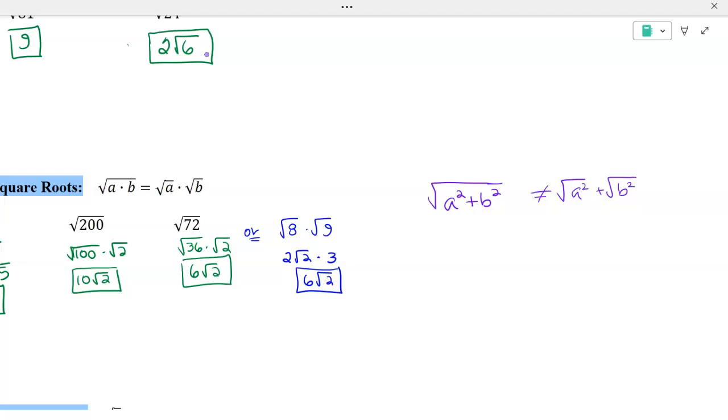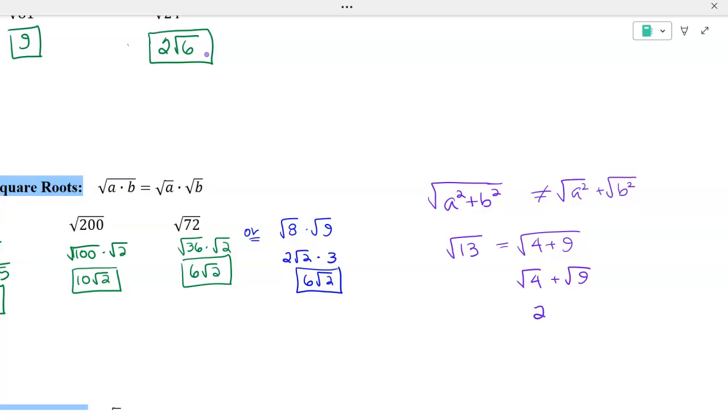And the reason I'll show you that is if we had the square root of 13, right, we know that can't be simplified. Well, you could rewrite the square root of 13 as the square root of 4 plus 9, right? 4 plus 9 gives you 13. Well, this is the square root of 4 plus the square root of 9. We know the square root of 4 is 2.